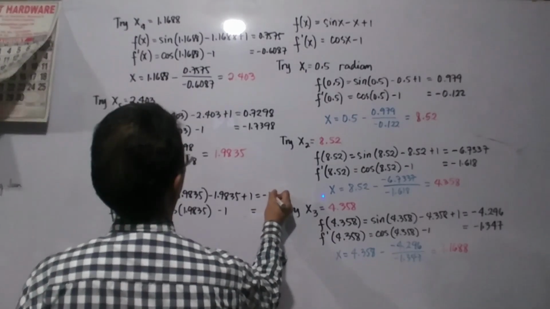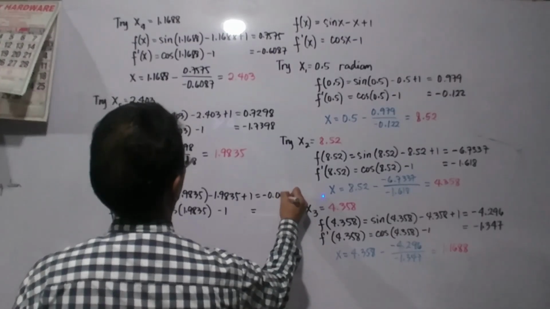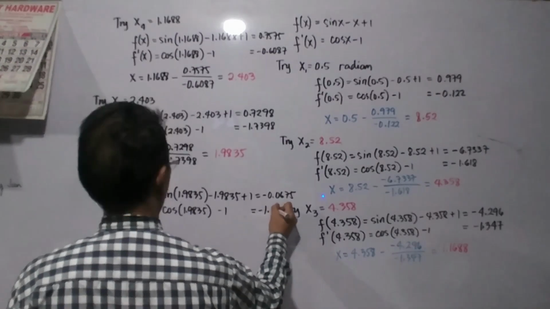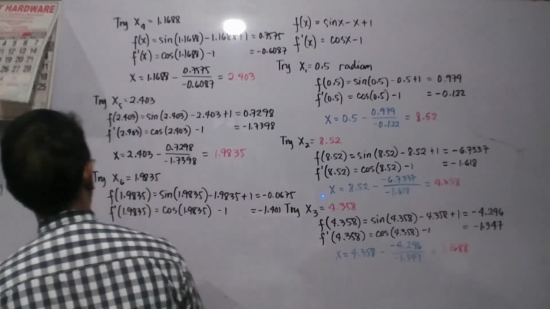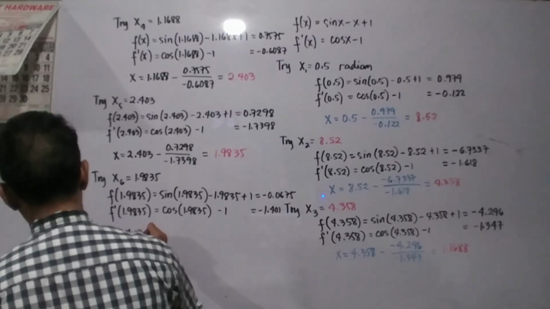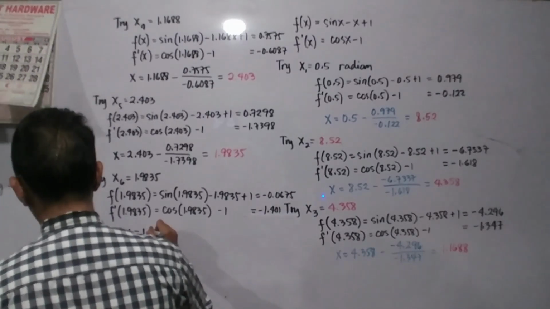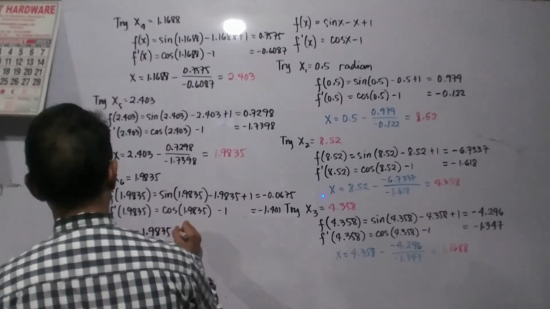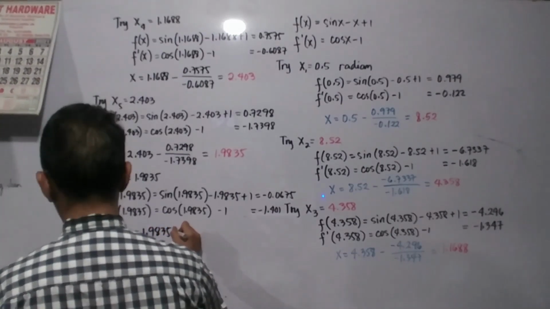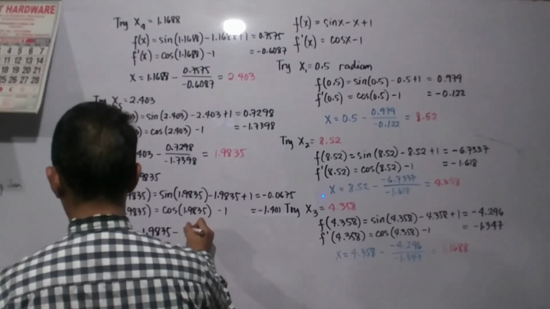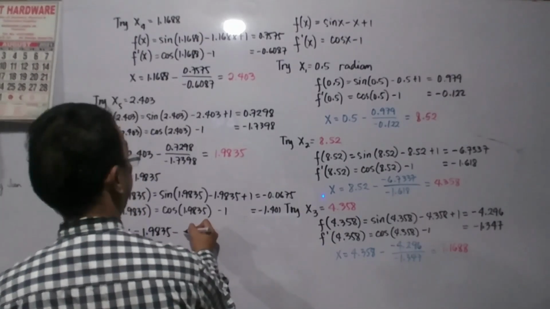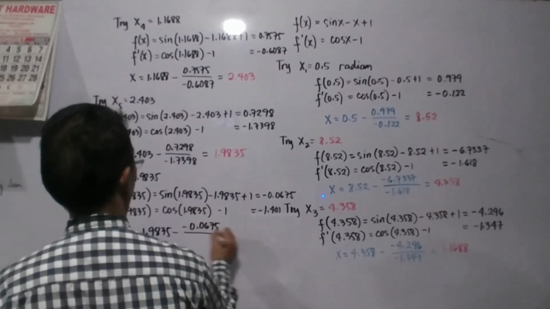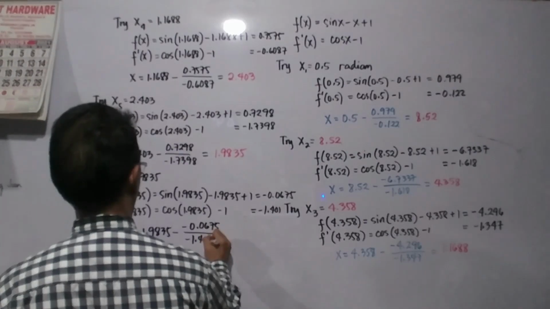So here we have 0.0675. The other one is negative 1.401. Then substitute, we have now x equals 1.9835 minus 0.0675 over negative 1.401.